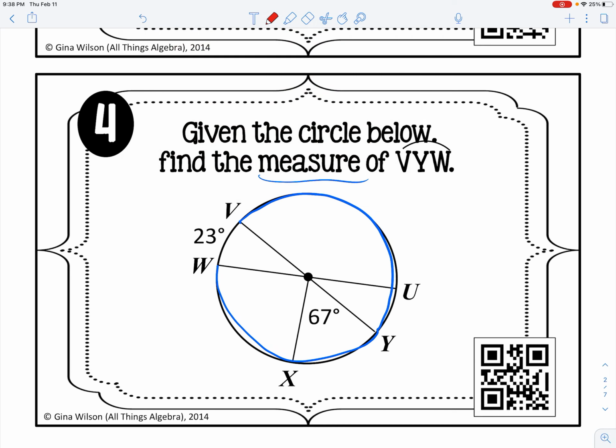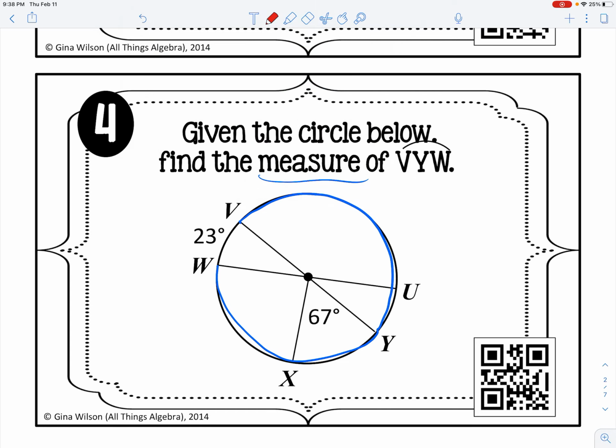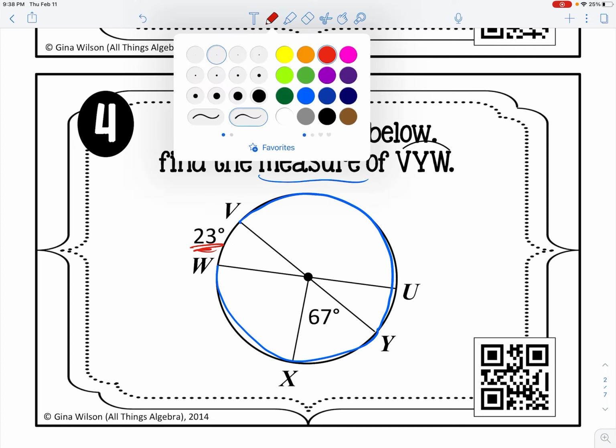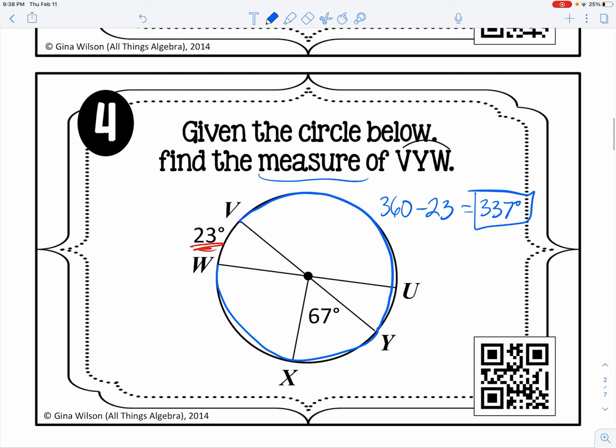Okay? So this one shouldn't be too bad. We know there's 360 degrees in a circle. And the only part we're not using, we already know the number for it. It's that 23 degrees. So we're using the whole circle except for 23 degrees. So we can just do 360 minus 23. And so we should get 337. Okay? So those are problems 1 through 4.